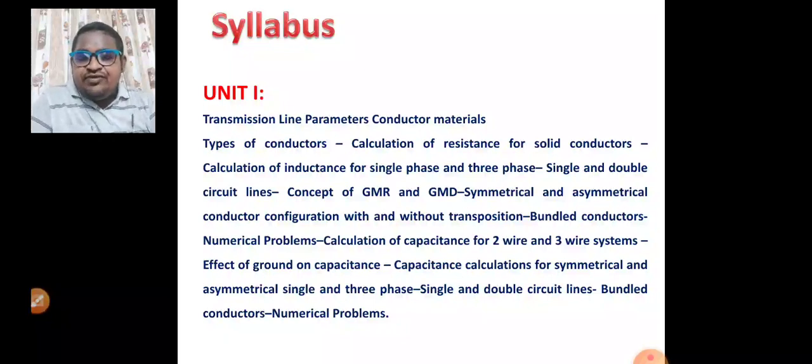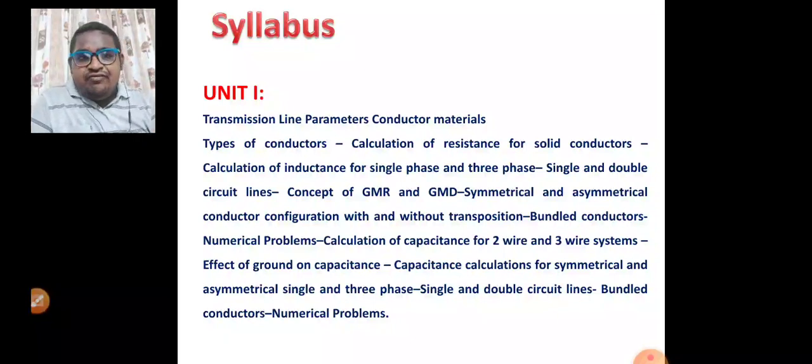That means KVL, KCL, Ohm's law, all these can be applied for lumped parameter networks only. They are not applicable for distributed parameter networks.